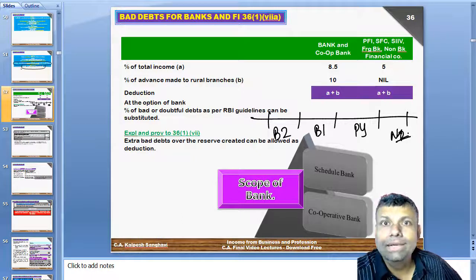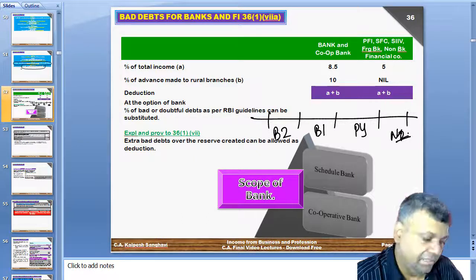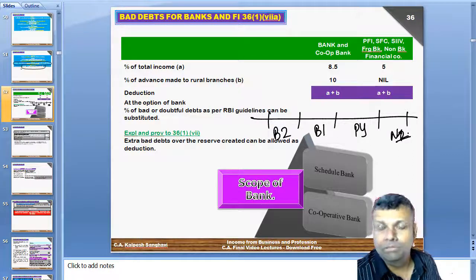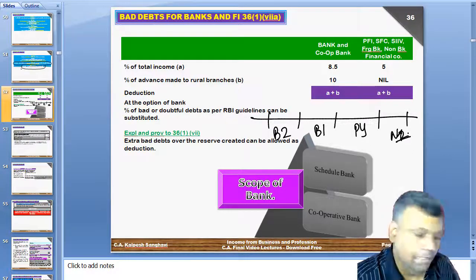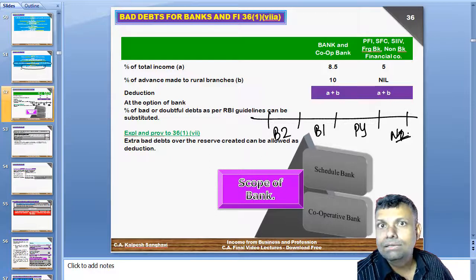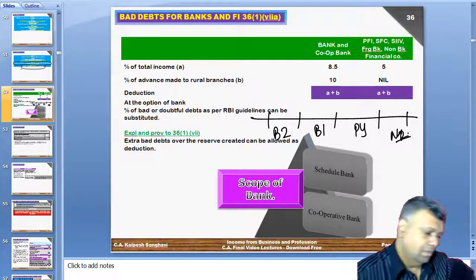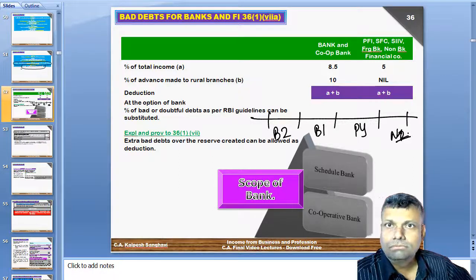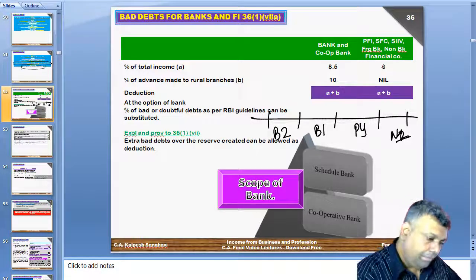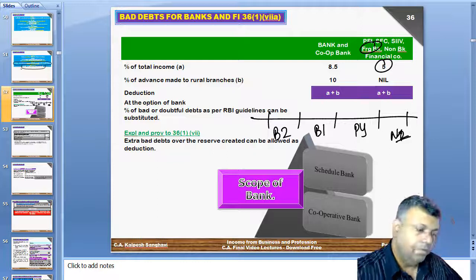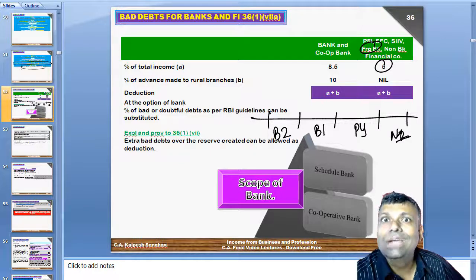All decisions of the bad debts and all that, we take with respect to the previous year. So we have to give the answer for the previous year. But we have to analyze historically how exactly these particular figures are going to be arrived at. This 5% for the foreign bank is given as a deduction to you every year.